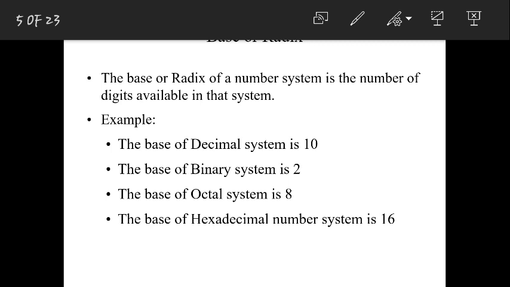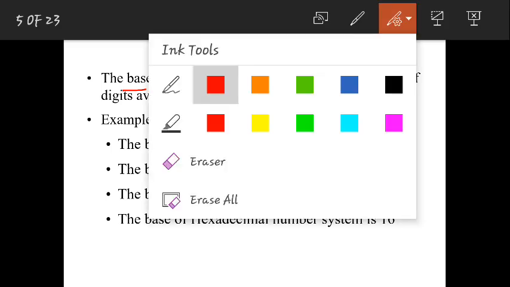By just looking at that base we can say whether a number is a decimal number, a binary number, an octal number, or a hexadecimal number. This base is also called the radix.